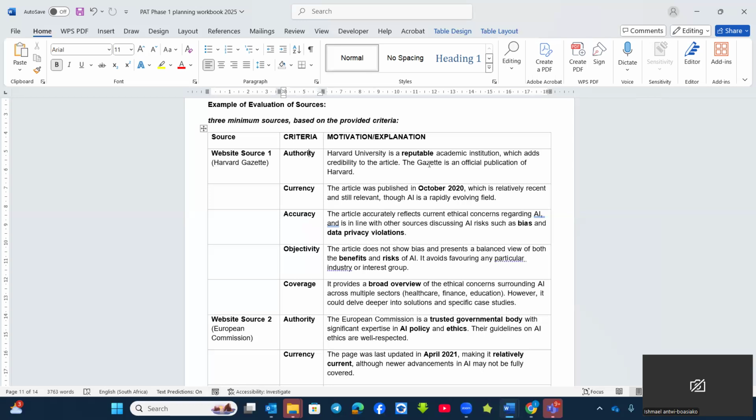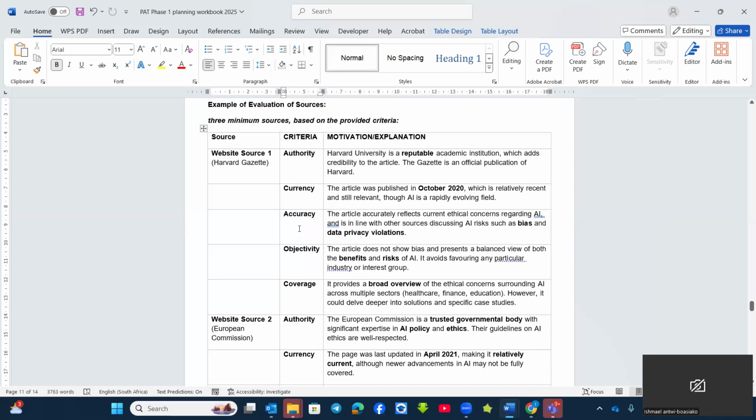So you have to explain. Then the currency. The article was published in October 2020, which is relatively recent, although AI is rapidly changing the information about AI. But 2020 is current because it is within the 10-year period. You have to again explain.